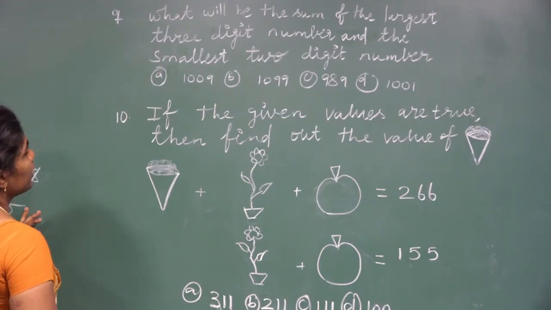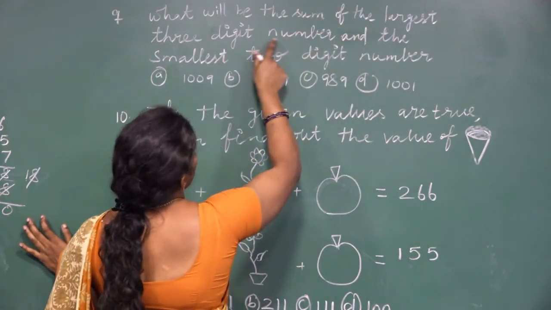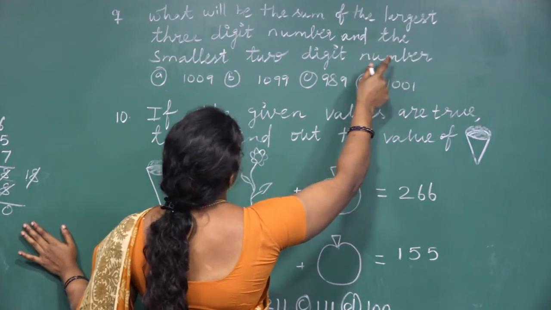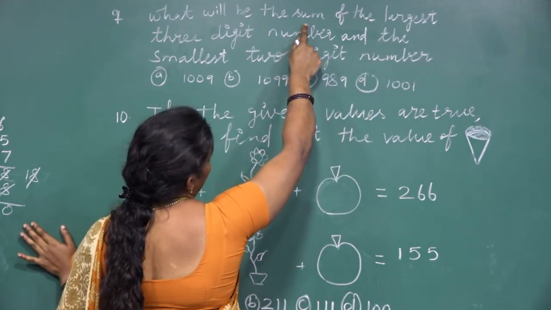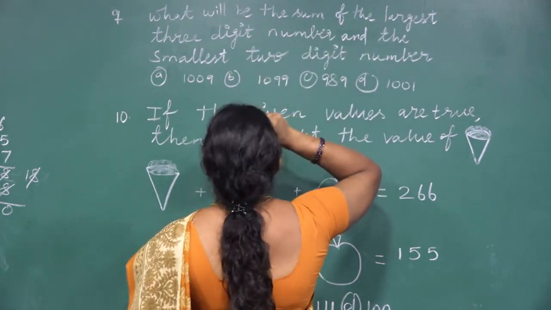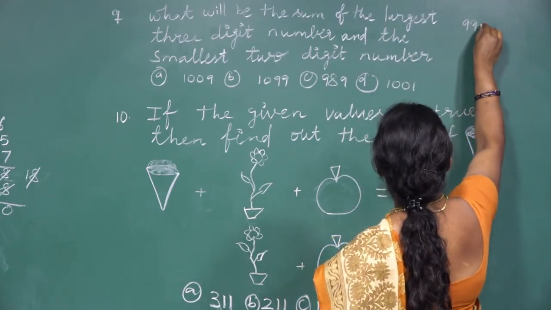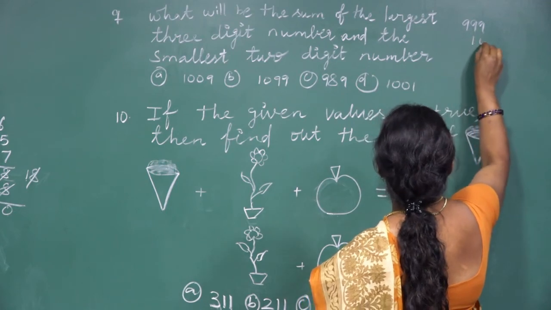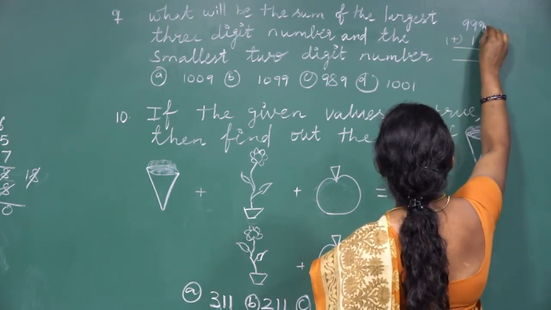See the 9th question. What will be the sum of the largest 3-digit number and the smallest 2-digit number? See here, the word sum means we want to add. The largest 3-digit number we already know is 999, and the smallest 2-digit number is 10.